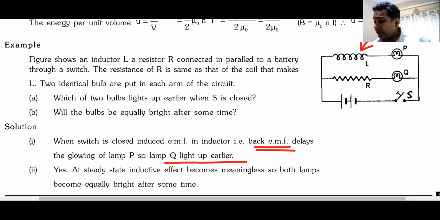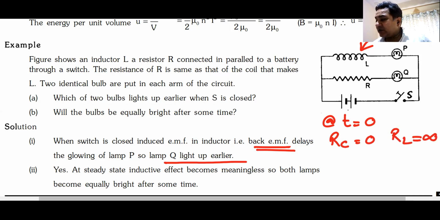Remember, I told you that at t equal to 0, whenever you put the switch on, the resistance of the capacitor is 0, but the resistance of the inductor is infinite. It does not allow current to flow. Do we remember this? Yes or no?